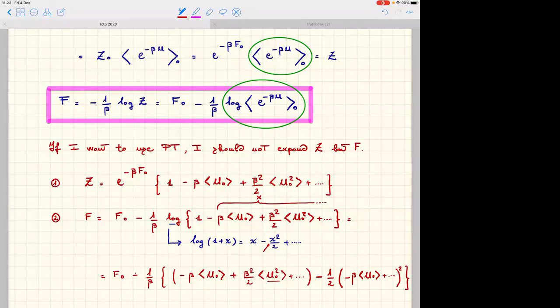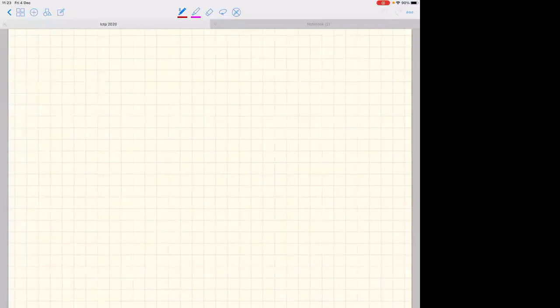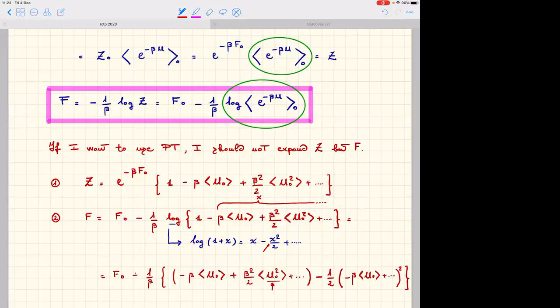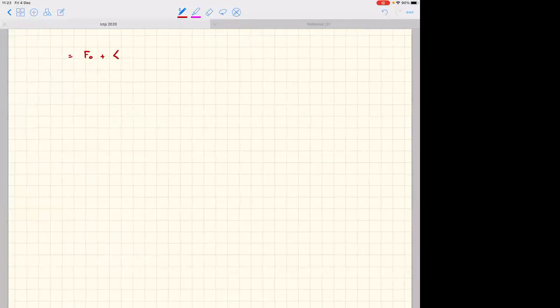Okay, so let us now recombine all these terms, keeping all the terms that contain the same power of the interaction together. So what do I get? I get that this is equal to F naught plus, so I had minus 1 over beta times minus beta, which is 1. So plus average of U naught.